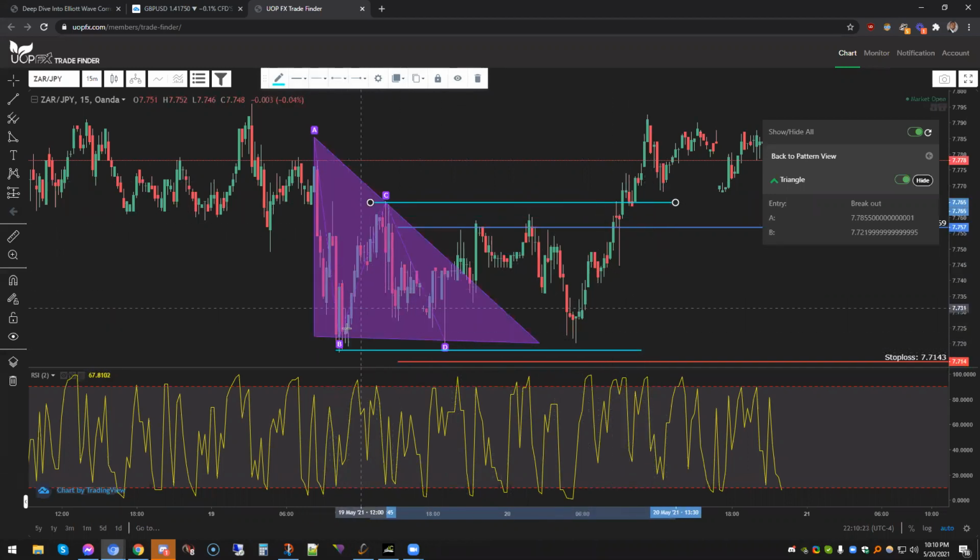And you've got your impulse up, 1, 2, 3. This is your correction, and then you've got your next impulse to the upside. That's why the price is moving up, and that's why it pushed down. Even if you look at this as a wedge, you need to understand the Elliott wave theory, because it will guide you accordingly.